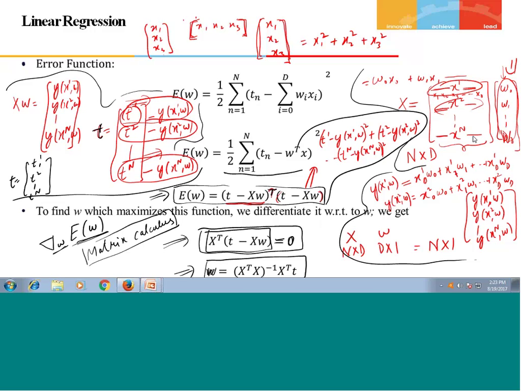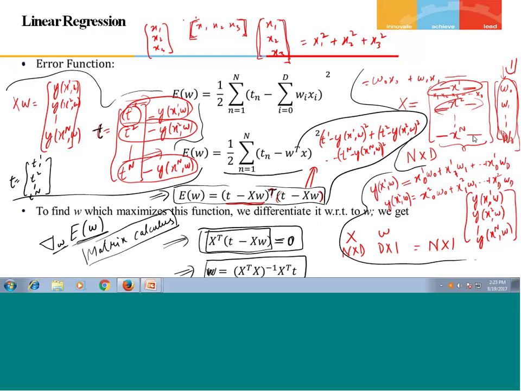If you find some inconsistency, that I have written half and in the next step I missed it, it means that I am just ignoring it. That's not a problem. You can write half there as well, but when you take the differentiation and put it equal to 0, that half will go away. So that half is there, but we can ignore it.